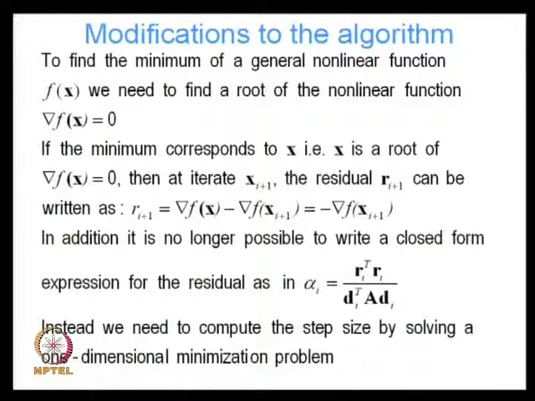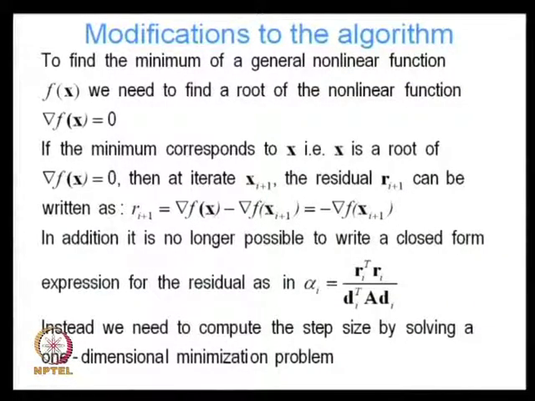If the minimum corresponds to x, that is x is a root of gradient of f of x is equal to 0, then as we go towards that root at iterate xi plus 1, the residual Ri plus 1 can be written as the gradient at the exact root minus the current gradient at xi plus 1, and since we know that we are at the exact root, the gradient is got to be 0.